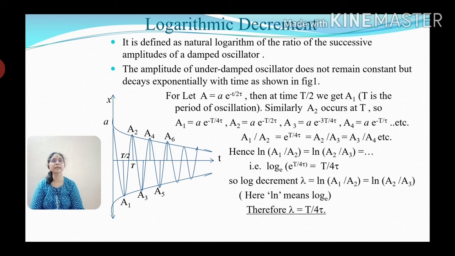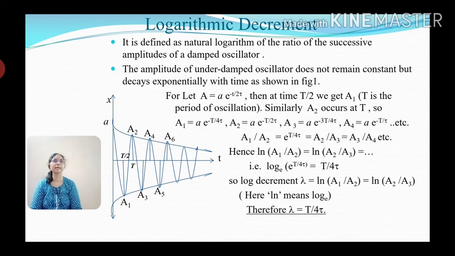Therefore, we divide A1 upon A2. A1 upon A2 is the exponential function, e raised to minus T upon 4 tau in the numerator, and in the denominator e raised to minus T upon twice of tau. So, if you divide, A1 upon A2 will come as e raised to T upon 4 tau.